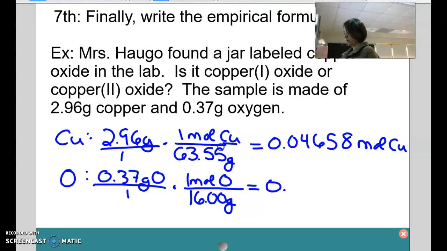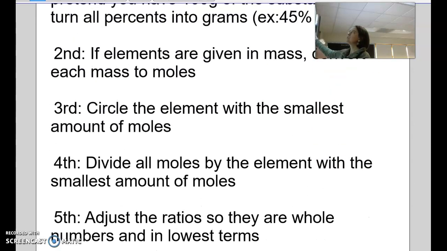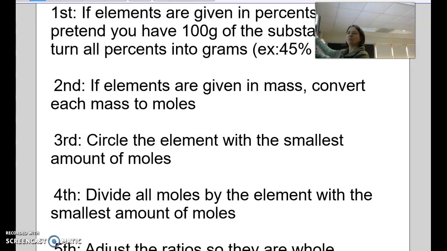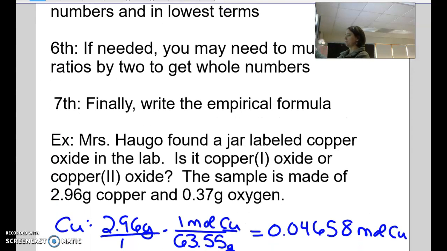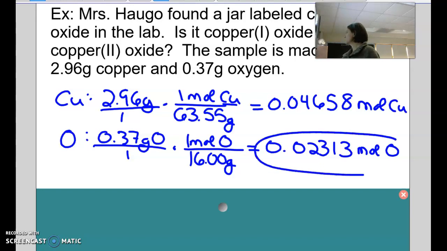We get 0.02313 moles oxygen. Okay, wonderful. What do we do with these numbers? Okay, step 2, mass to moles. Good. Step 3, circle the element with the smallest number of moles. 0.04, 0.02. That is this one.